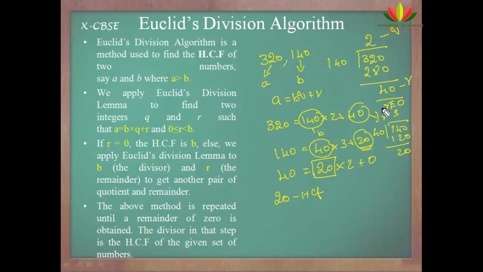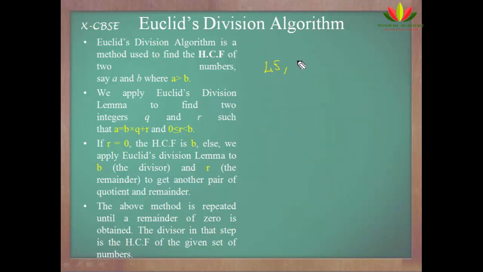So I will continue the same step for my divisor and remainder. So my divisor is 140 here and my remainder is 40. So once again I will divide that. So I will get the remainder as 20. And once again I will take my B and R and repeat the same thing until I am getting my remainder 0. Once I get the remainder equal to 0, I will take the divisor at that time as the HCF.